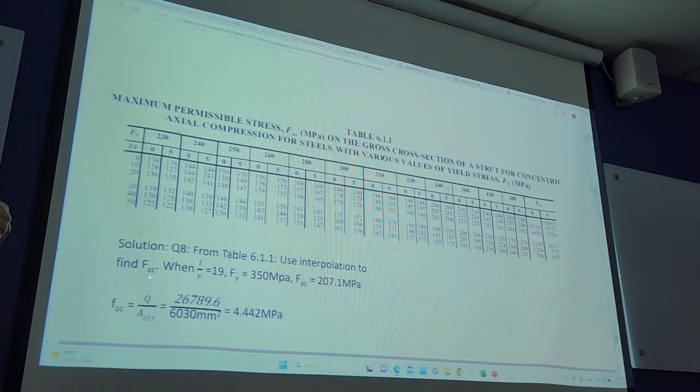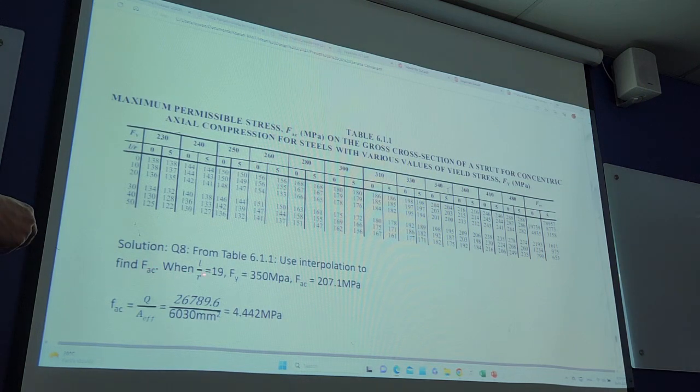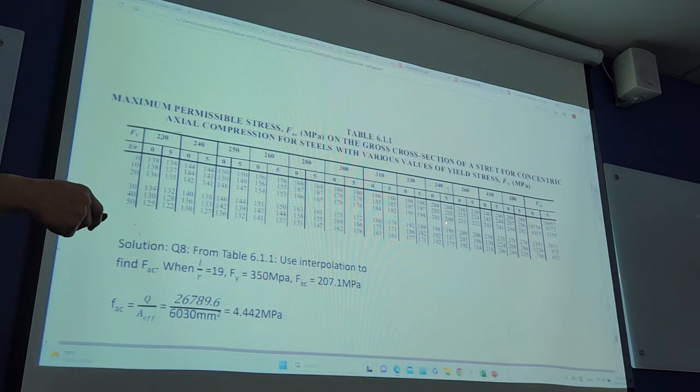For this maximum FAC, your yield strength is 350. If you use interpolation, in this case you have to find out between these two, 340, between 203 and 215, is 350.